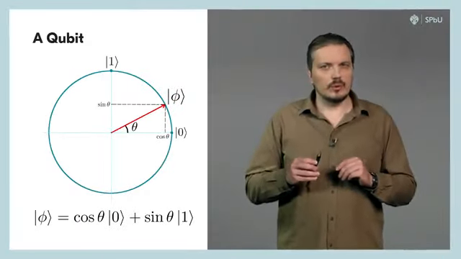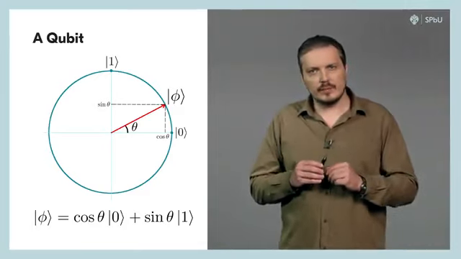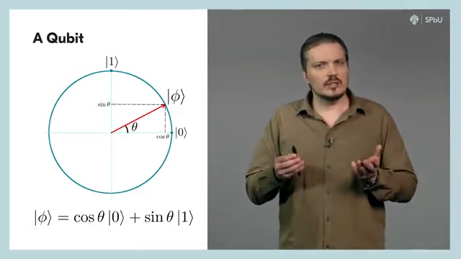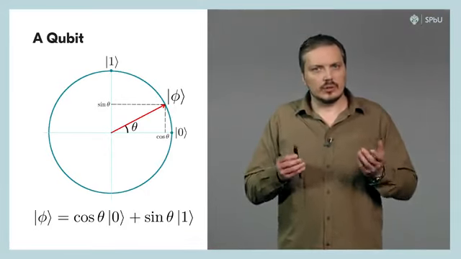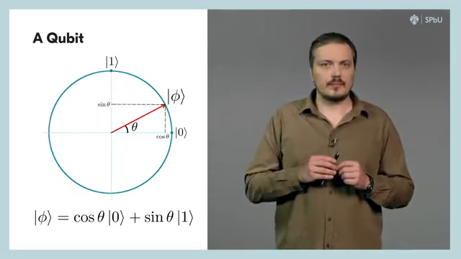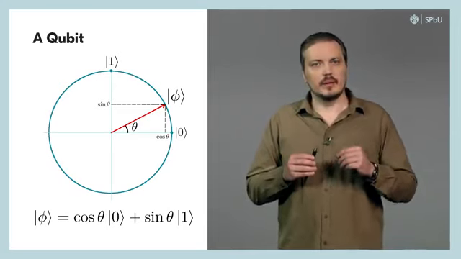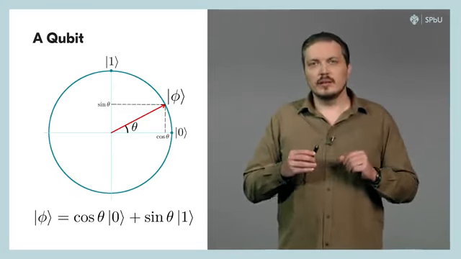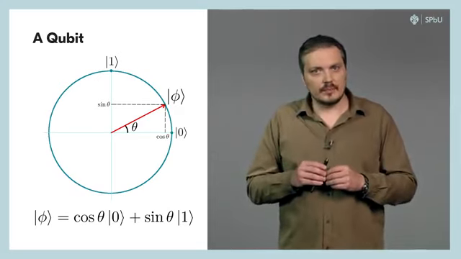Some of you who are already familiar with the mathematical model may object that this simplification is not exactly correct. Any point on this circle can be represented with this formula. Thus, we need only one real parameter, theta, the angle, to define the state here on this circle.